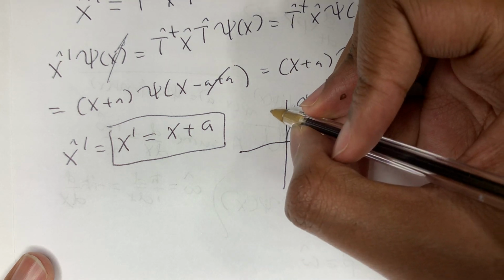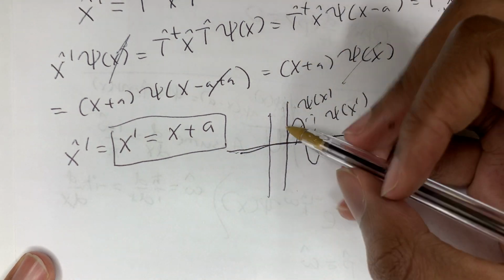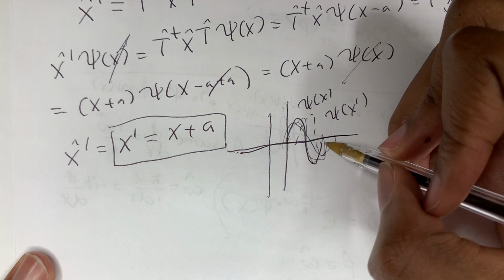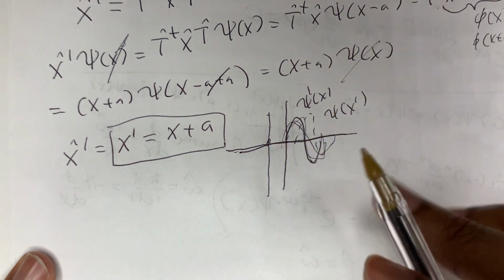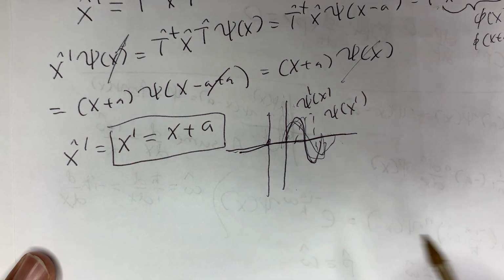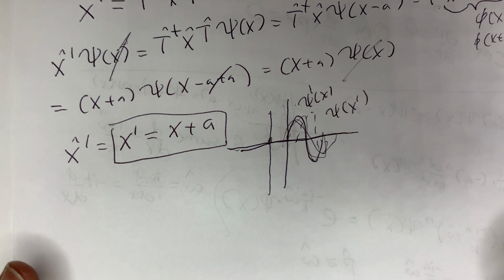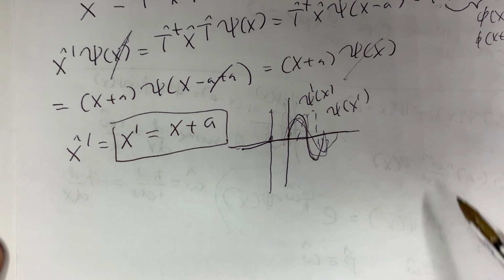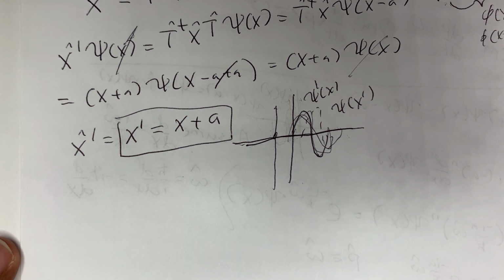So if we shift this coordinate system back by some amount a, our function here, psi of x, now looks to be translated to the right relative to the person at the origin. It kind of ties into relativity, about how if you change your coordinate system, things look shifted to the left or to the right by some amount, but in this case it's to the right. This is a really cool result that we've obtained here.